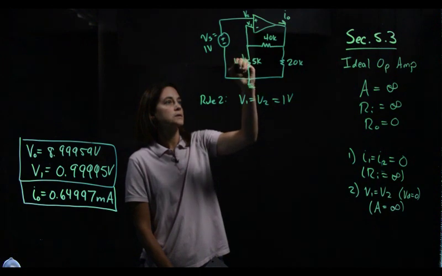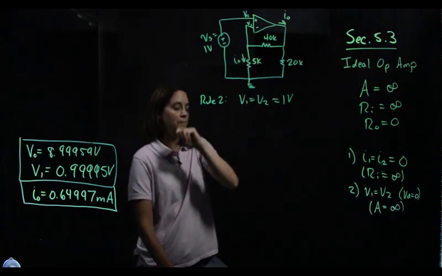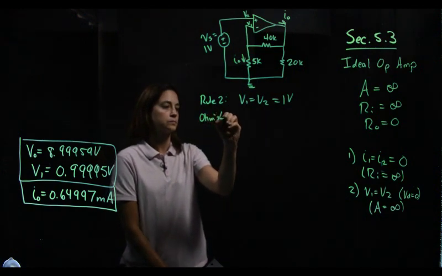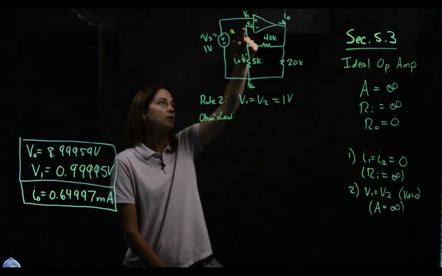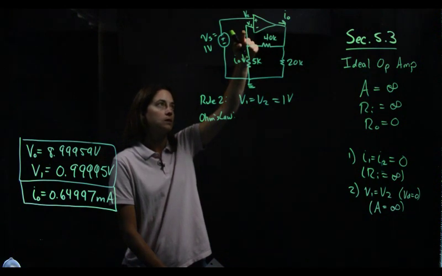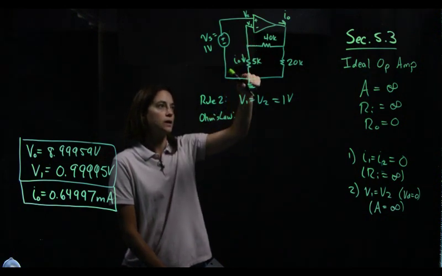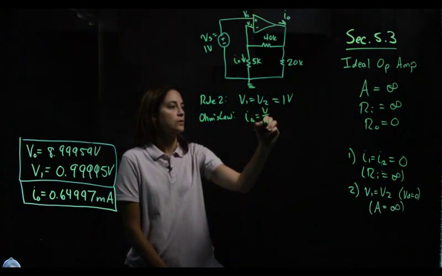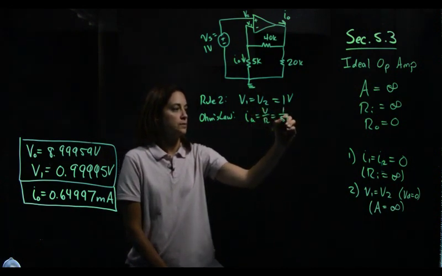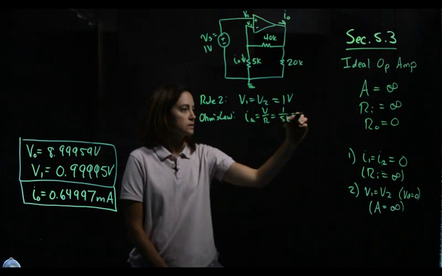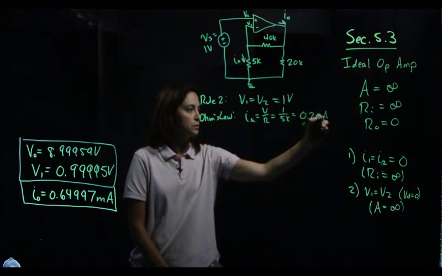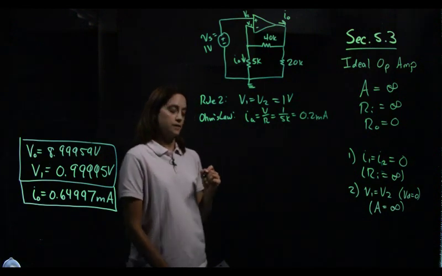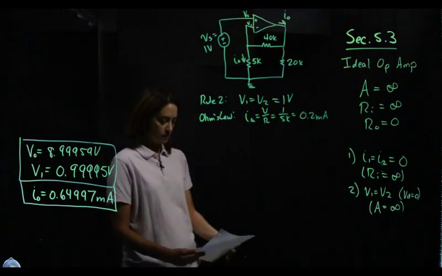If I want to find this current, let's call it IA, now I can use Ohm's law. I know the voltage here is 1 volt. So I have 1 volt from this node to ground. So my IA, V over R, 1 over 5K, gives me 0.2 milliamps.